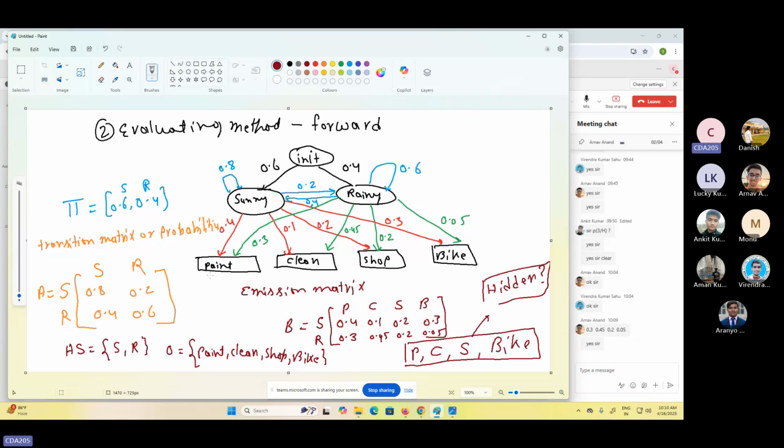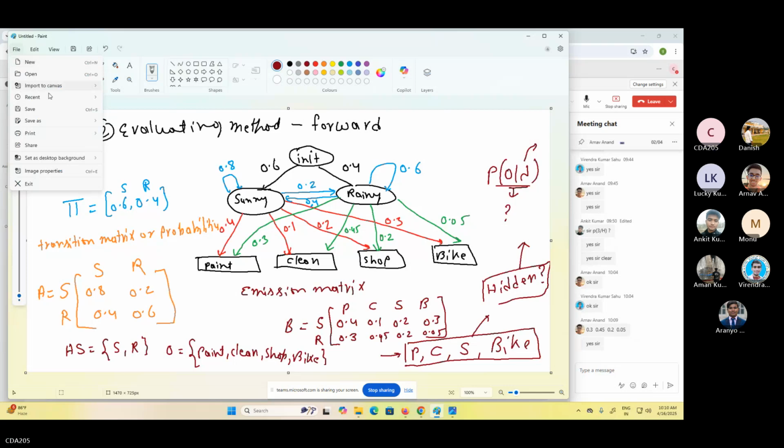Okay, so what we have to find is the forward probability. Here we have to find the probability of the observed sequence, whatever the model may be. Means for any model, what is the chance, what is the probability of this sequence occurring, this we have to find. Okay, so we will start.